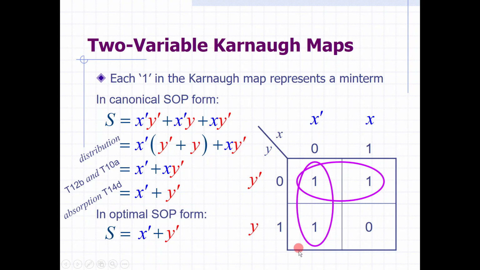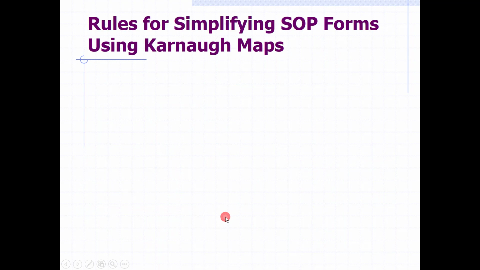The reason we didn't do a group of all 3 ones is it would be impossible to write what all 3 have in common. If you have a group of 3, it's impossible that they all have one thing in common. So that's why we don't do groups of 3.